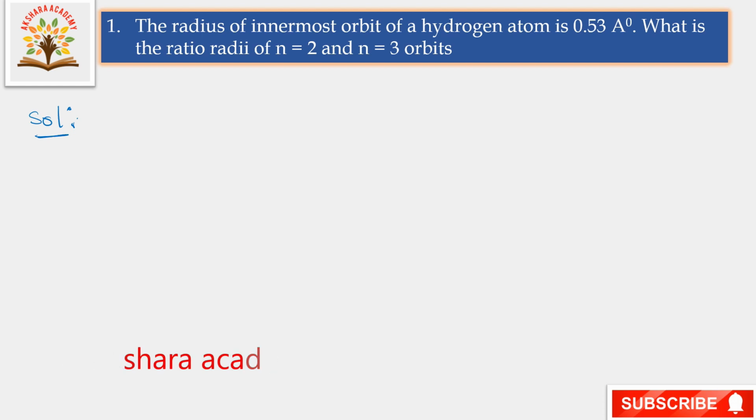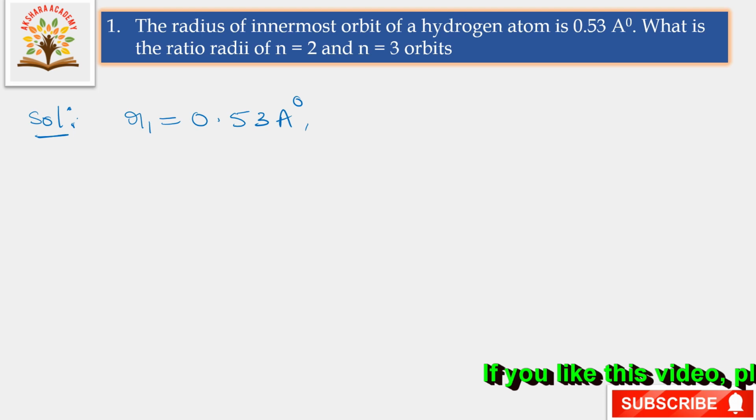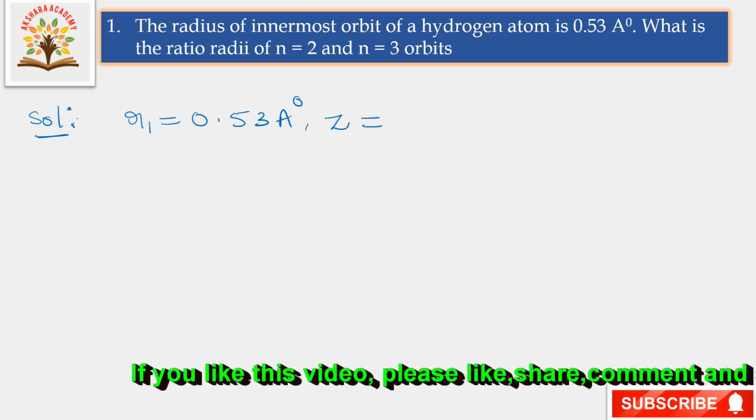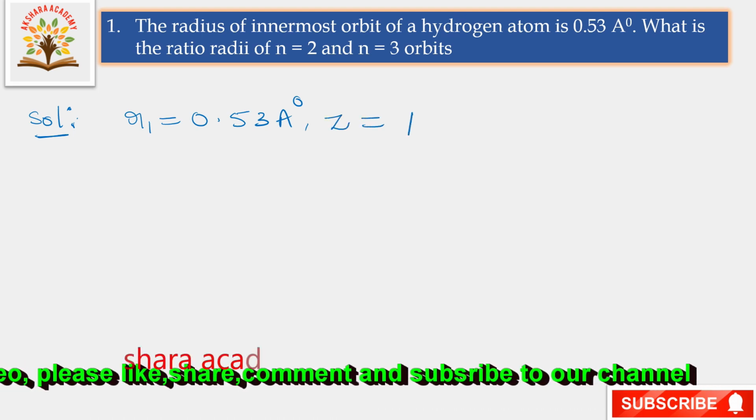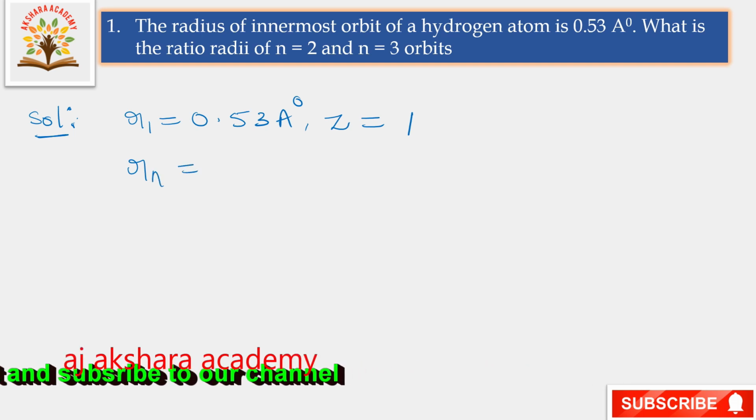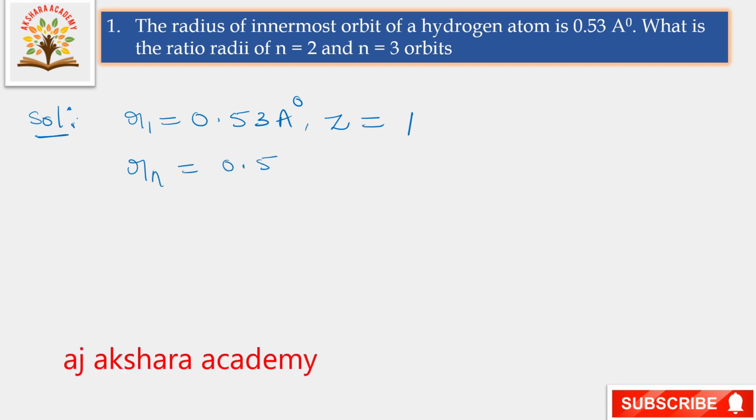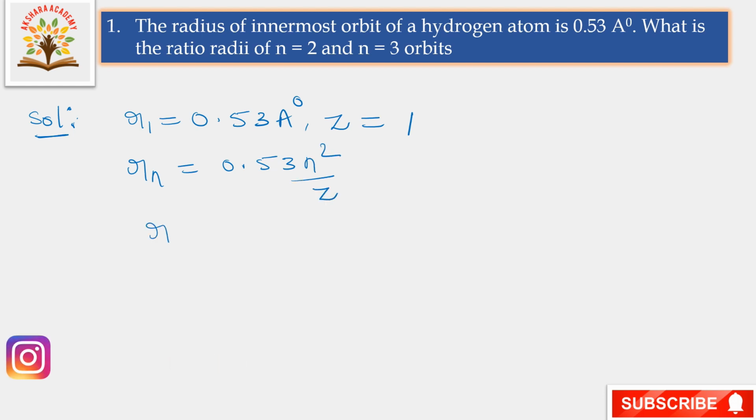Given R1 is equal to 0.53 Angstroms and its atomic number is equal to 1, and Rn is equal to 0.53 n square by Z. So this radius is directly proportional to n square.